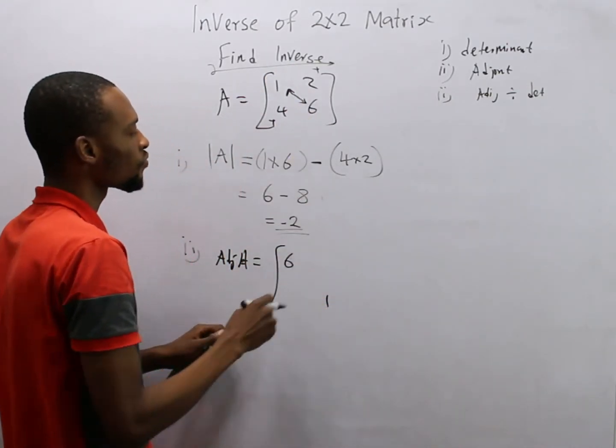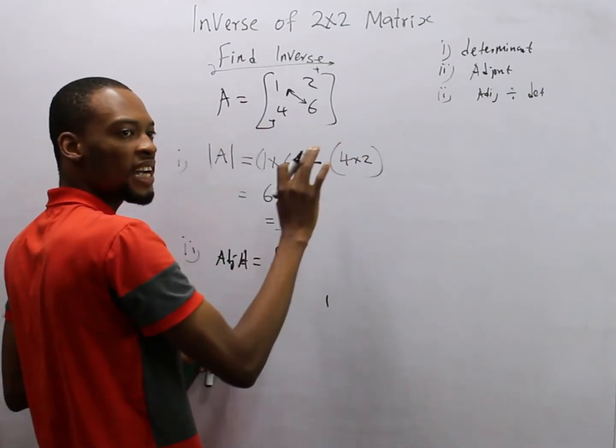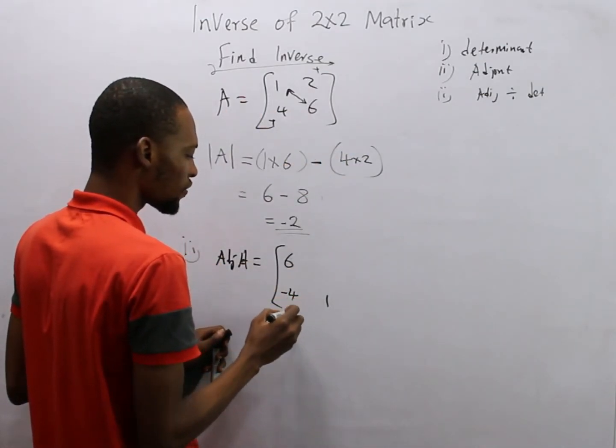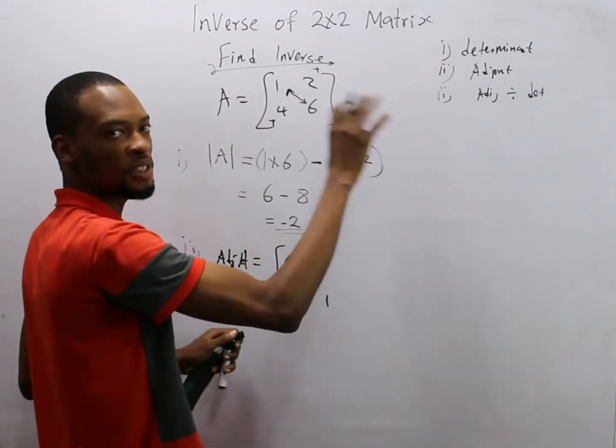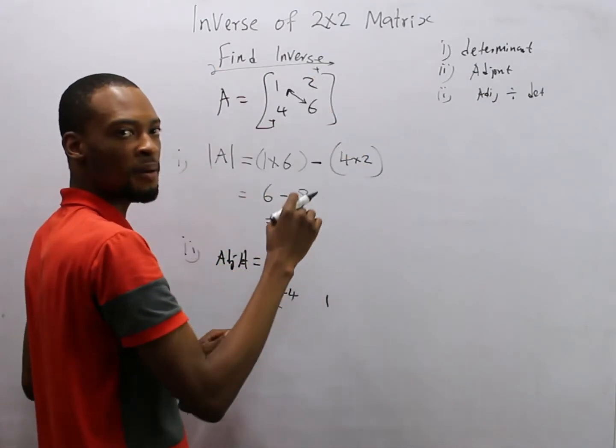This is 4 multiplied by minus, so it becomes minus 4. This is 2 multiplied by minus, so it is minus 2. So this is the adjoint of this matrix.